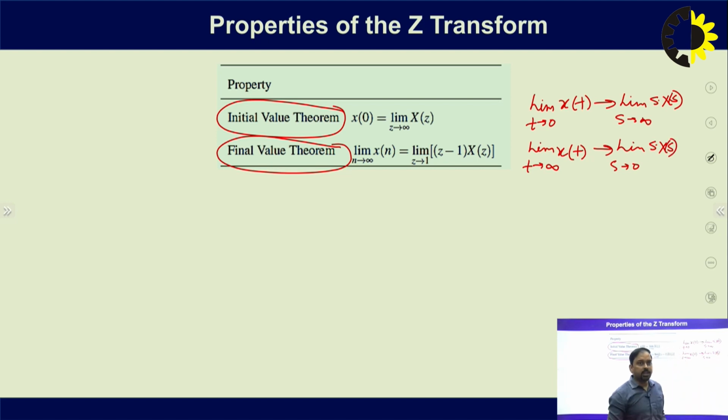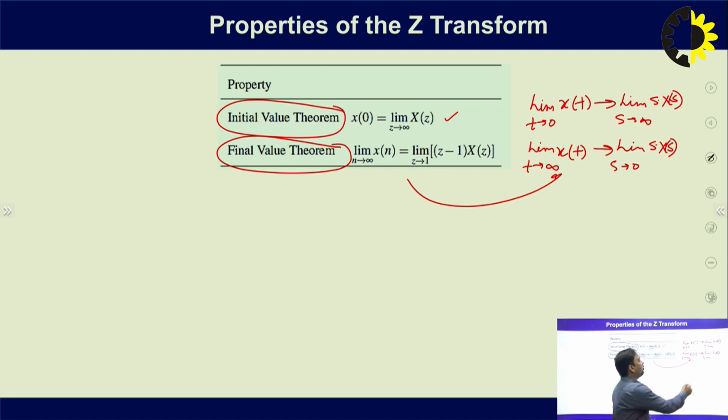First we'll see the initial value theorem. It says that x of 0 is basically limit z approaches infinity X of z. It's quite simple. But if we see the final value theorem, we can compare both theorems in the z domain and s domain. To the left we have limit n approaches infinity x[n]; here we have limit t approaches infinity x(t).